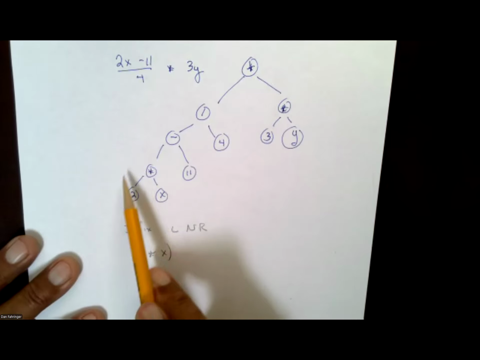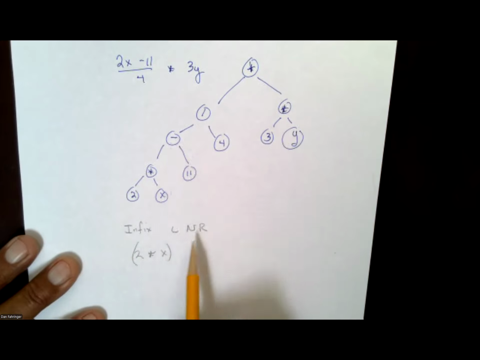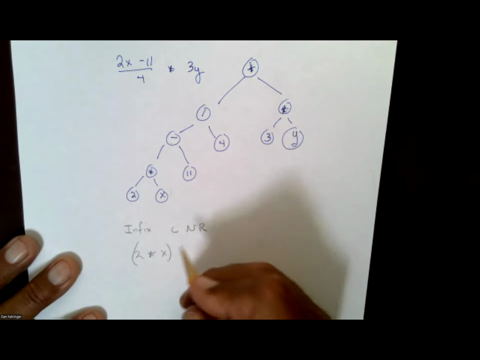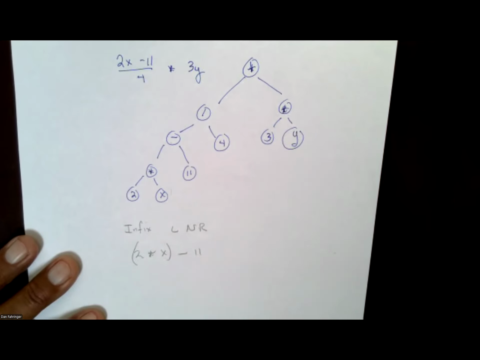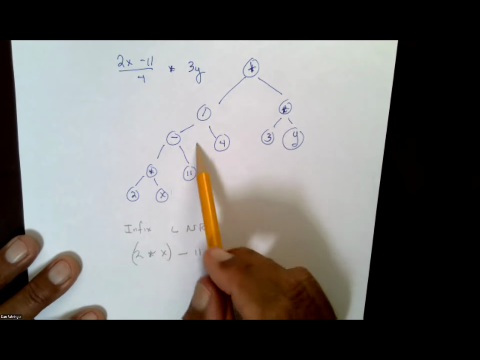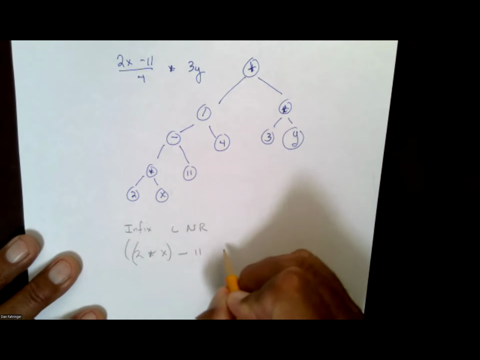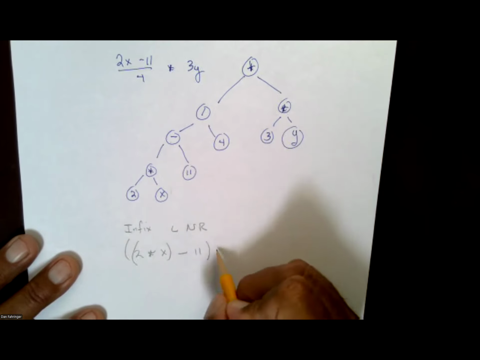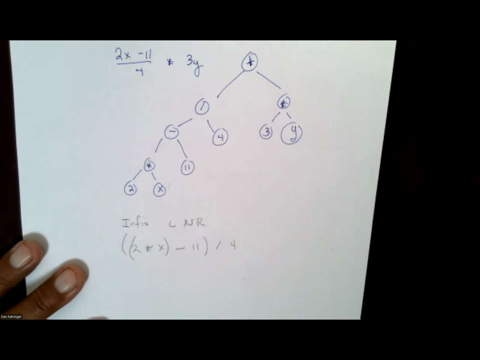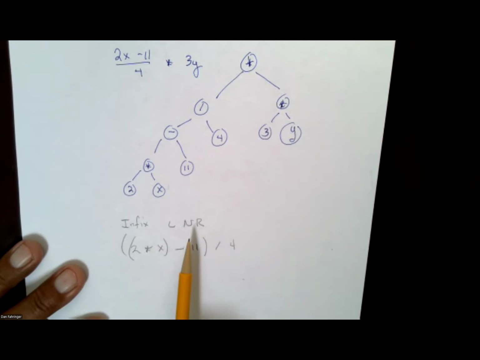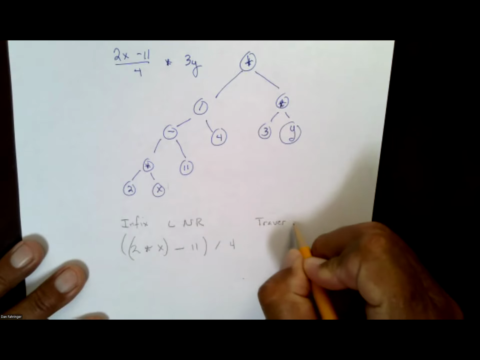Now this whole thing became a left. Here's its node. Remember, we're doing left, node, right. There's minus, and then here's its right. This whole thing now became the left. Here's divided by, which is the node, and here's the right. So doing this, what's called an infix traversal, I get my original equation.